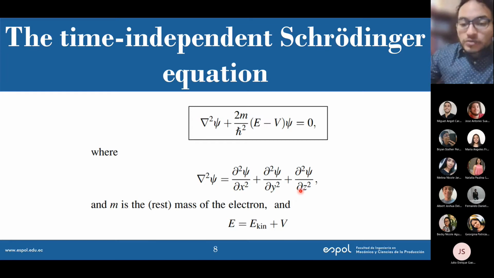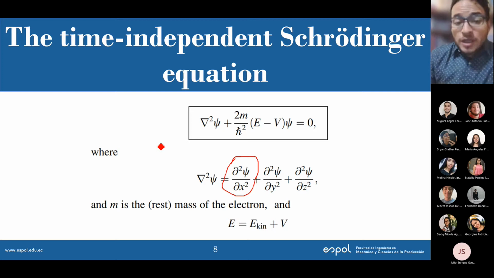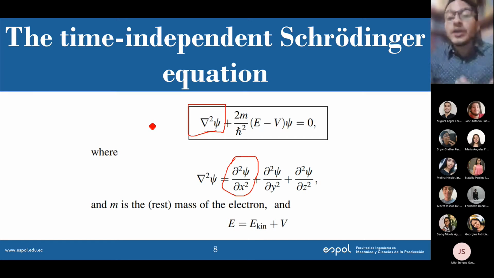But we'll start with the one-dimensional case, so we'll just start using this term. So the differential of the wave function, this is the wave function, the important term, with respect to x, y, and z. And if we had time here, it would also be the wave function with respect to time, right? But that's not the case now.